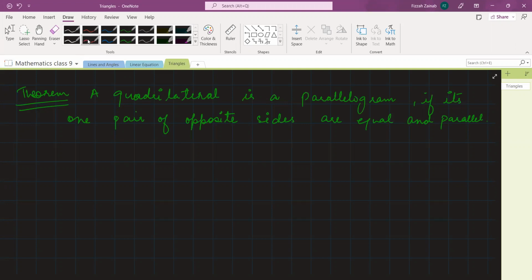Understand? See, so far we have learned that if all the opposite sides are equal, then it is a parallelogram.